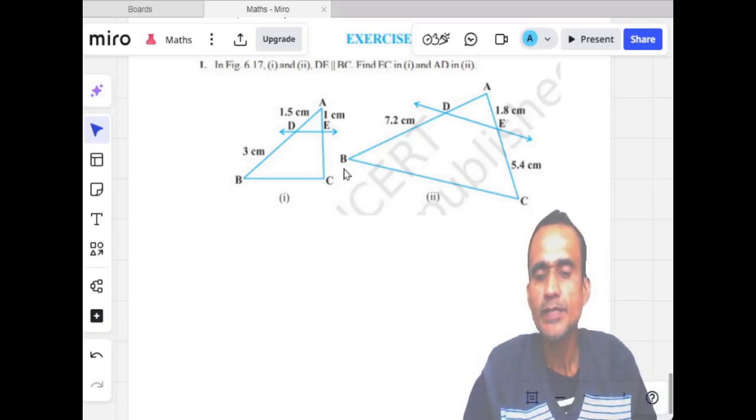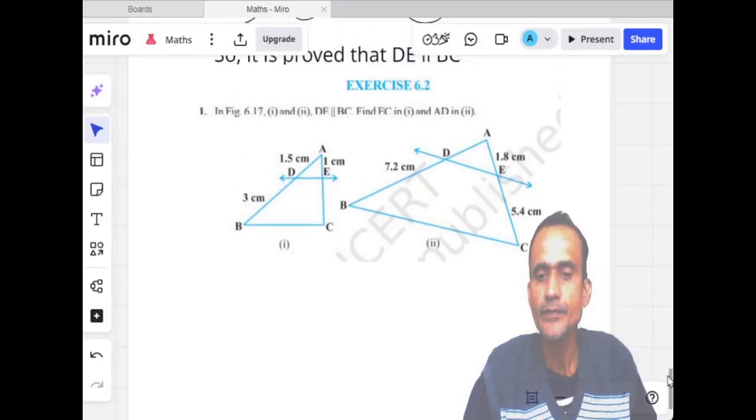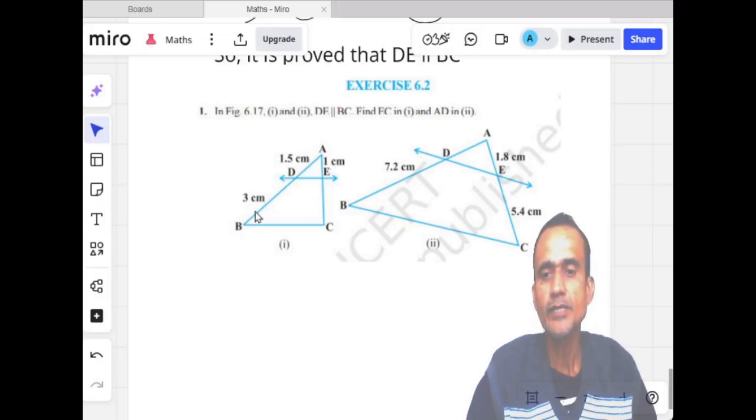Now let us do some exercises from chapter 6. So we are given that DE is parallel to BC, and we are required to find EC. So if DE is parallel to BC, we know from theorem 1 that if a line is parallel to the third side of the triangle, then it divides the other two sides in the same ratio. So AD by DB is equal to AE by EC.